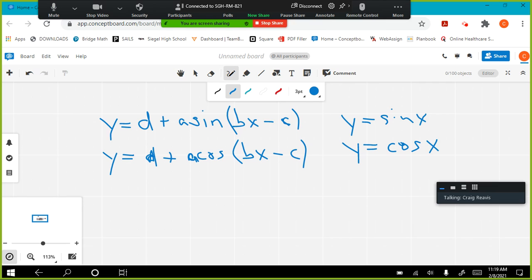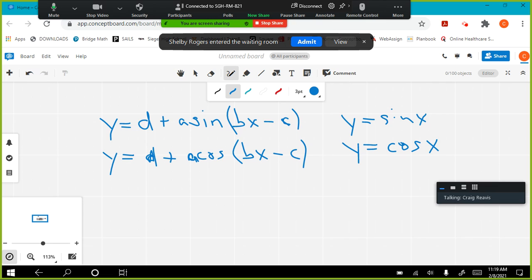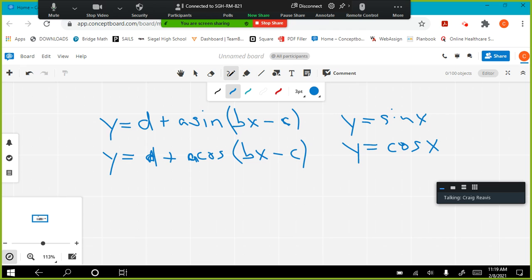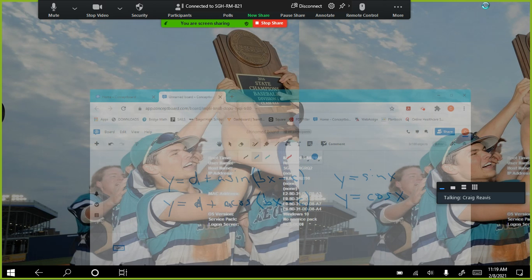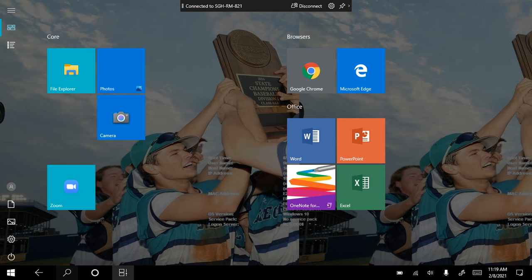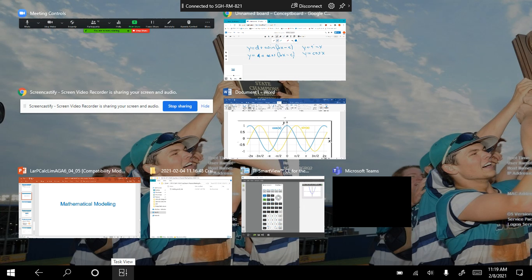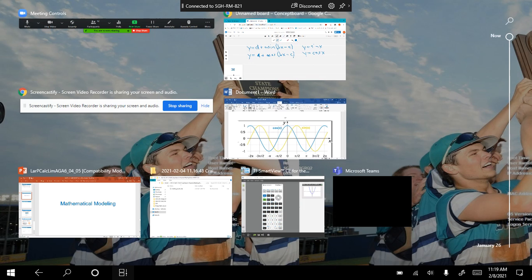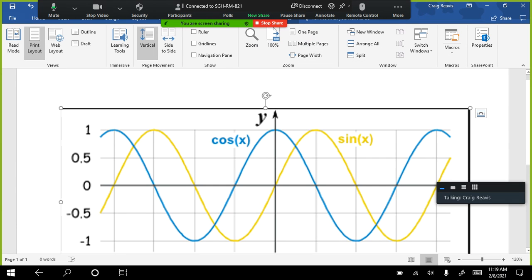All right, and the big things that I tried to make sure we were clarified on the other day was the period and the amplitude. The amplitude is how high the sine and cosine stretch, and the period is how long it takes to go through one rotation. So let me pull up, all right, here, the yellow is a little tough to see.